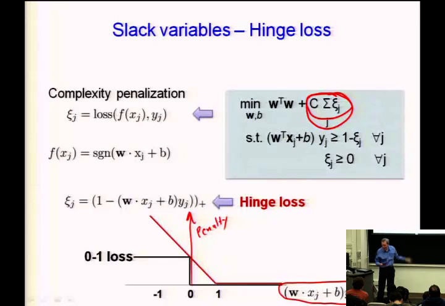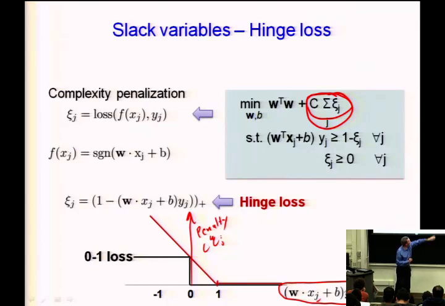Essentially what this is saying is, if my margin is 1, then as long as this value is greater than 1, I'm on the right side of my margin boundary. I don't have to worry. But if I get too close to 0, I start paying a penalty. The slack variable becomes non-zero, and in this case the penalty is just C times the slack for xj. And that gives me this funny function, which we call the hinge loss. It's saying how badly you do on x is that you pay a penalty that looks like this hinge function.